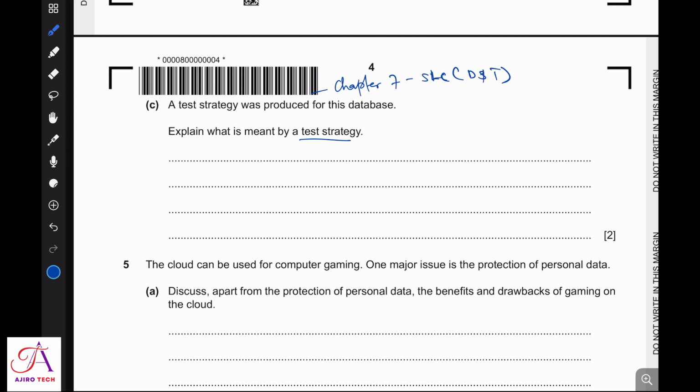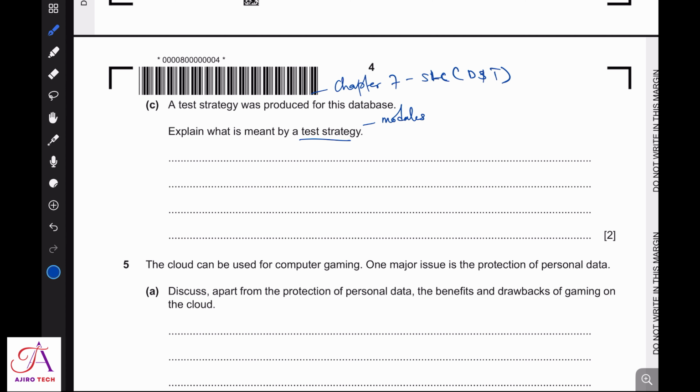Now, let me explain. It simply means that this part of the software is being developed as what? Models. They're developed as models, and because of that, each of them needs to be tested separately and then integrated into a final program and then still tested. Modify if there's any error and then correct it.